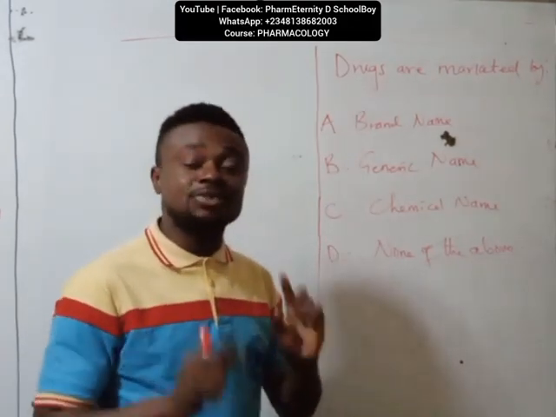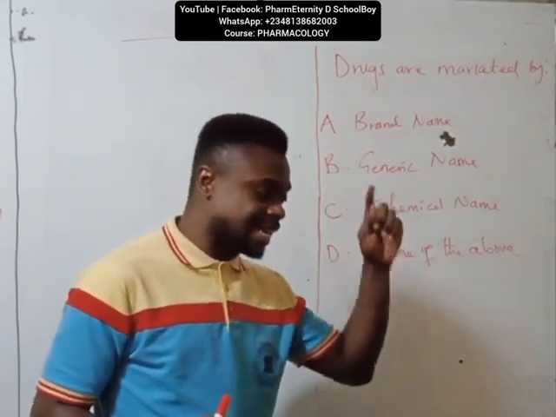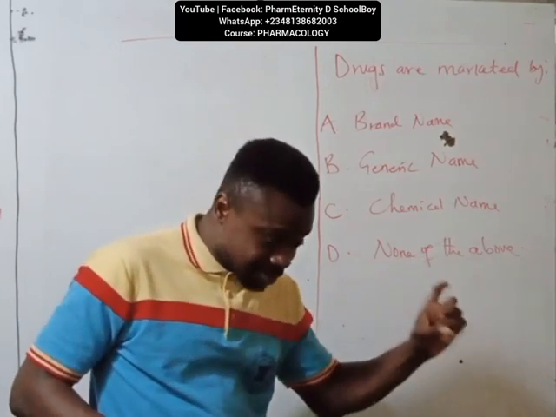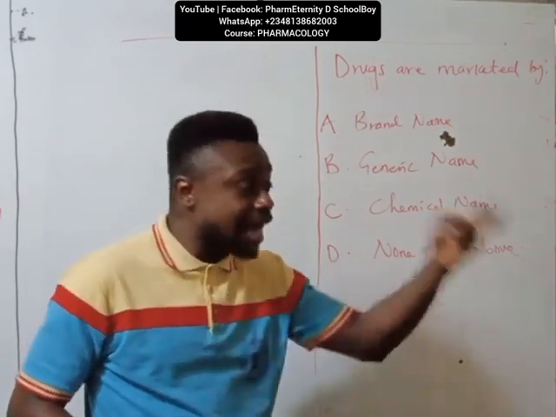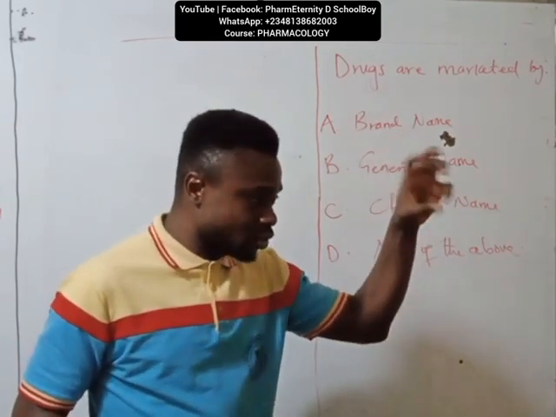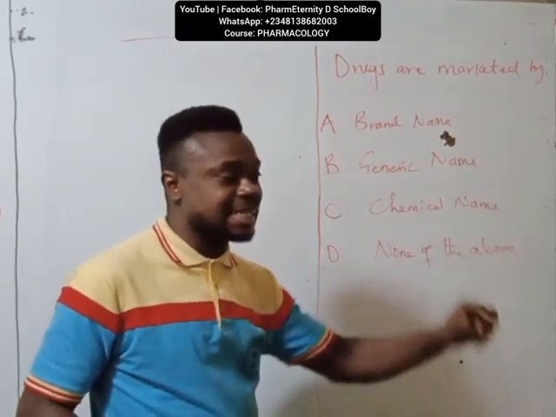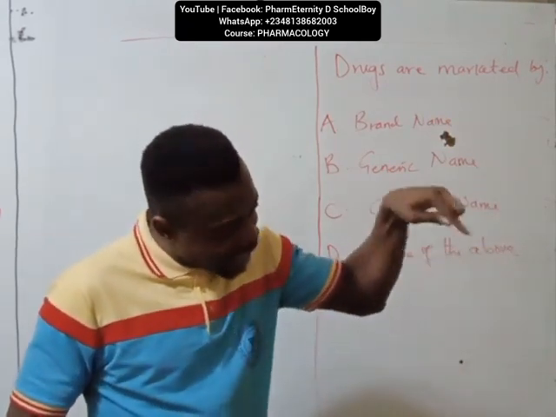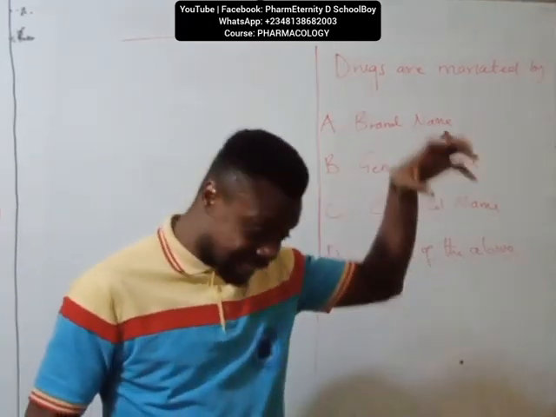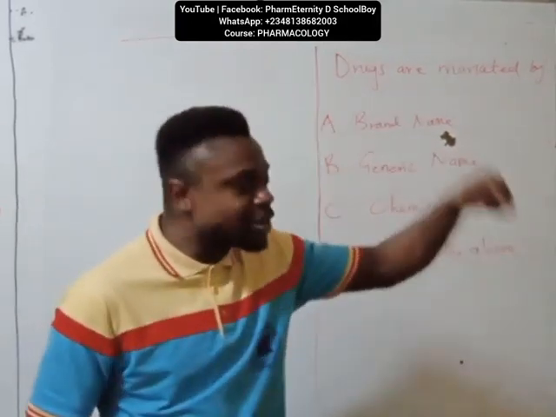Now, actually, drugs are basically chemicals, even in the natural state. The herbs you use for treatment of a particular disease contain an active ingredient. Even though it's still natural, that active ingredient is a chemical. It contains a chemical substance.